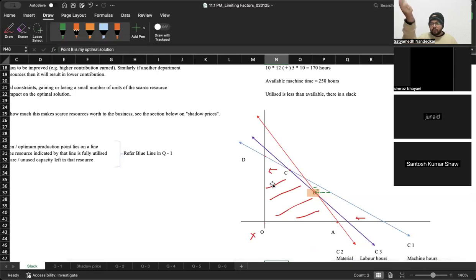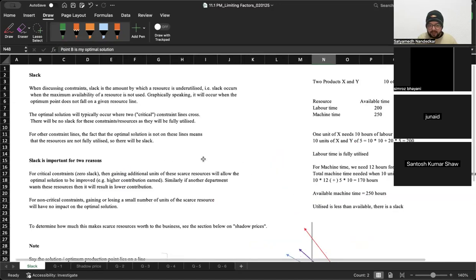Slack is when maximum utilization has not happened. The resource is underutilized. यहाँ पे resource underutilized है, तो this region is graphically my slack. Okay, a full utilization of that resource has not happened.